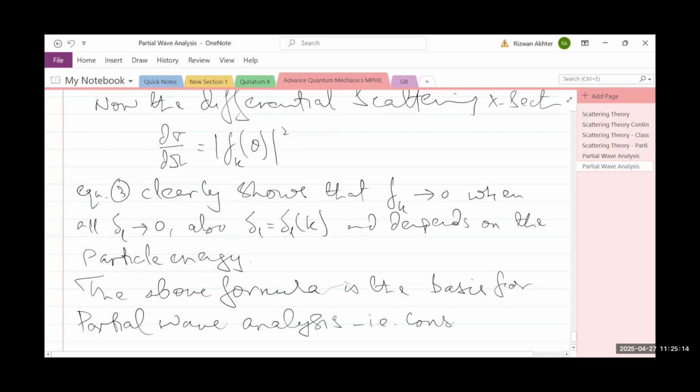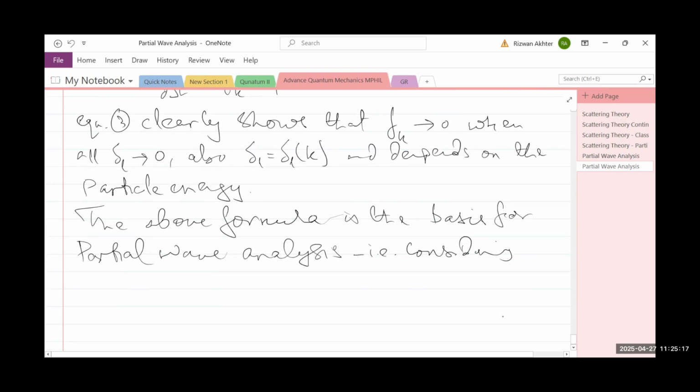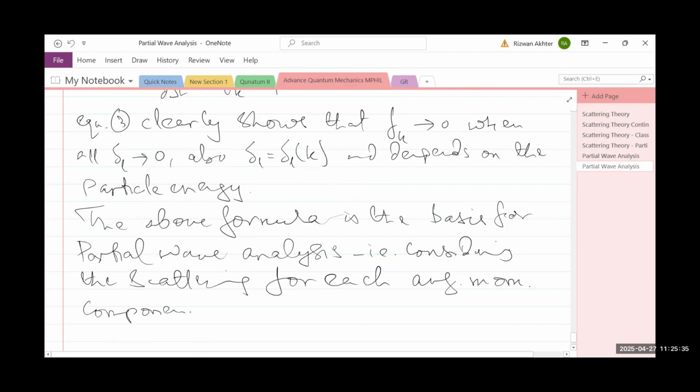I.e., considering the scattering for each angular momentum component and then summing all these components would give you the result.